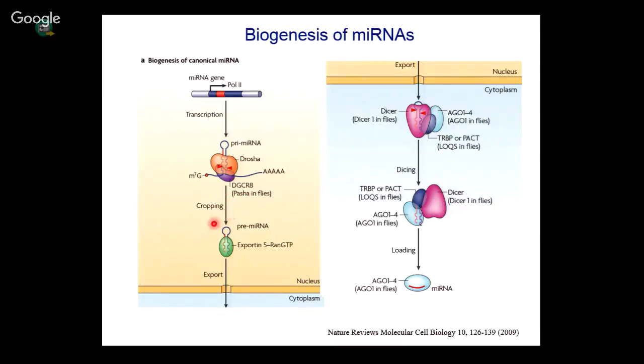Then cropping generates the pre-microRNA, exported to the cytoplasm, and followed by Dicer processing. In fly, there is a Dicer for microRNA. However, in human, only one Dicer for microRNA and siRNA processing, and it is also associated with some Argonaute protein.